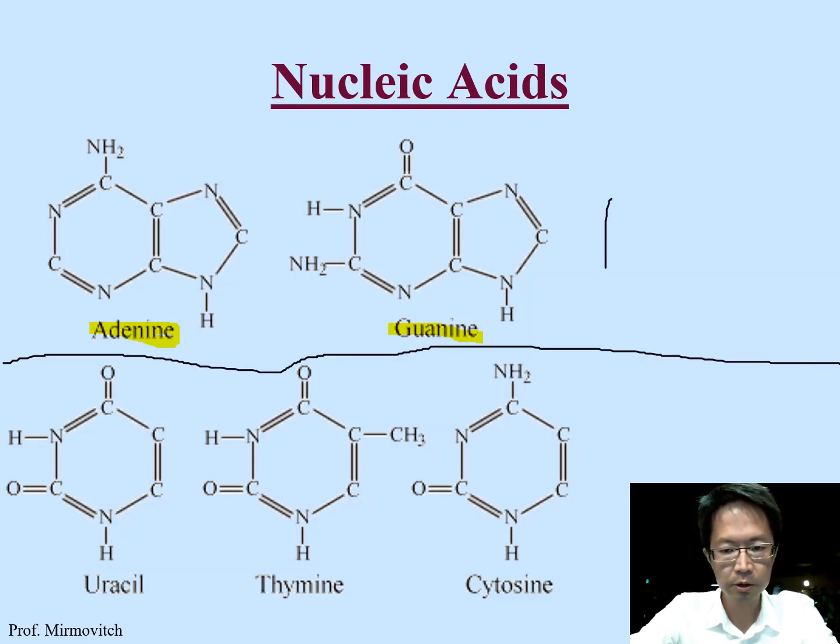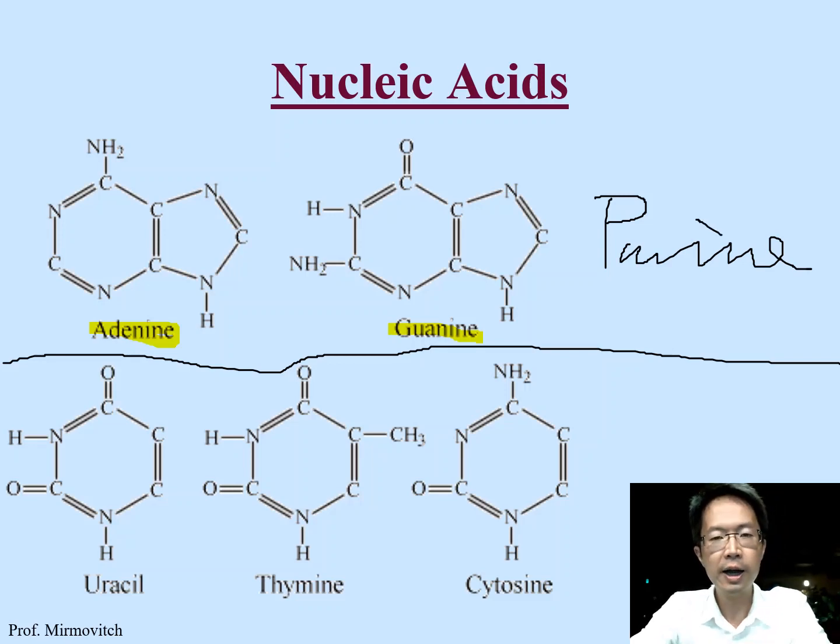These types of molecules we call purine, which is made up of one hexagon ring attached to one pentagon ring. And uracil, thymine, and cytosine, they are called pyrimidine.